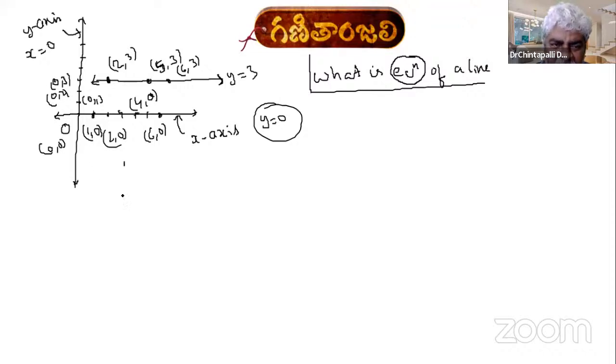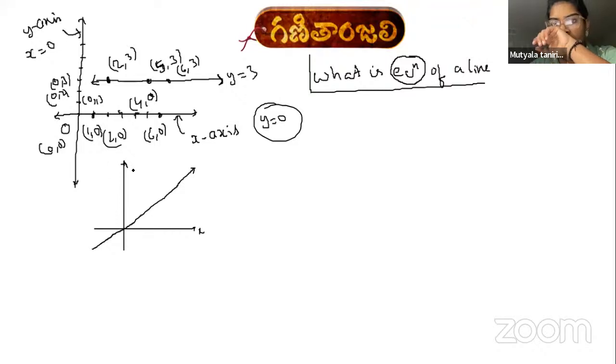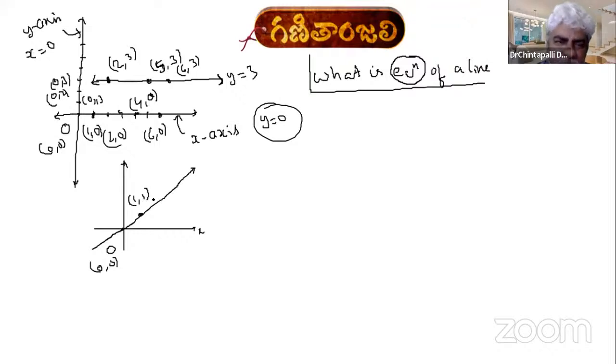I'm showing you another line. This is the line. Coordinates of this point are 0, 0. Coordinates of this point are 1, 1. Coordinates of this point are 2, 2. Coordinates of this point are 3, 3.